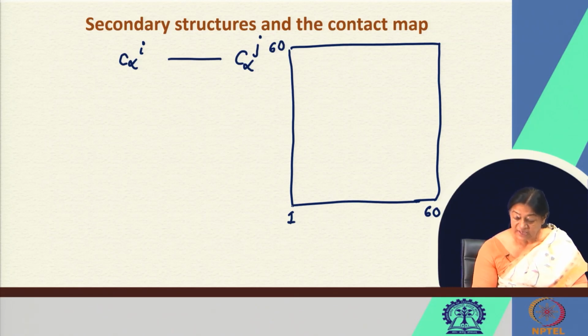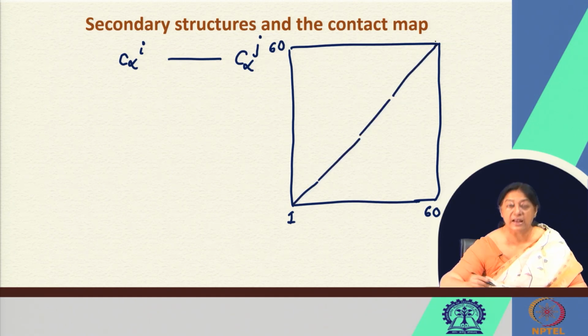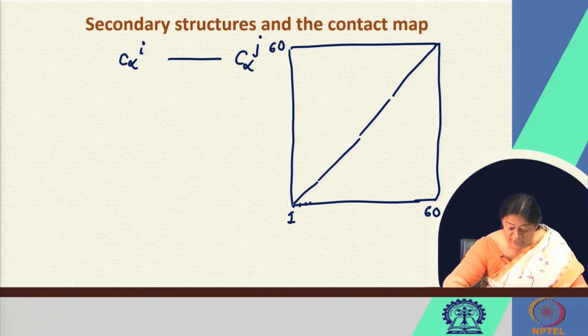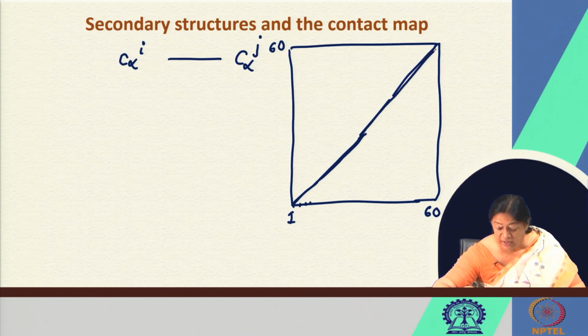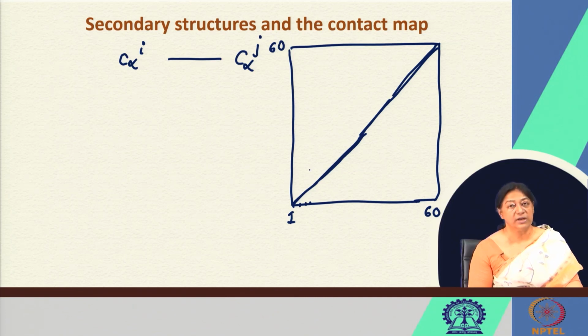All along the diagonal, I would expect a thick line, because 1 is close to 2, 2 is close to 3, 3 is close to 4, and so on. We also have to know that the upper and the lower triangle of this matrix are going to be the same, because if residue number 3 is in contact with 7, then obviously 7 is in contact with 3.